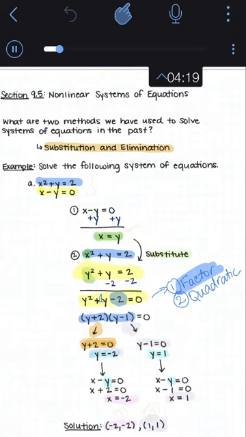So you've got to replace the y equals -2 into your first equation. You'll also get that x equals -2, which makes sense because remember our first equation says that x equals y, and we got y is equal to -2, so x should be equal to -2.